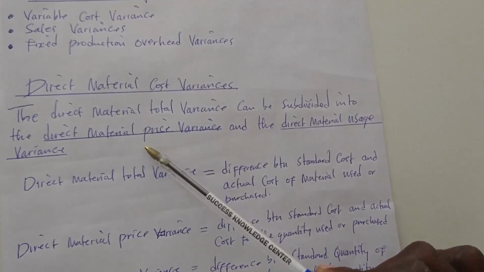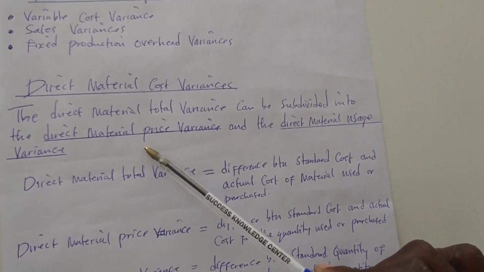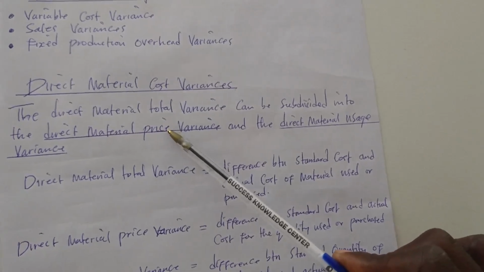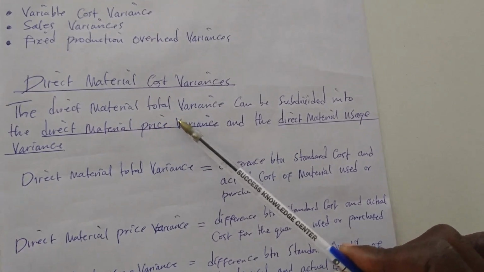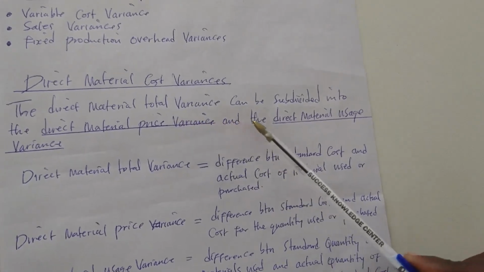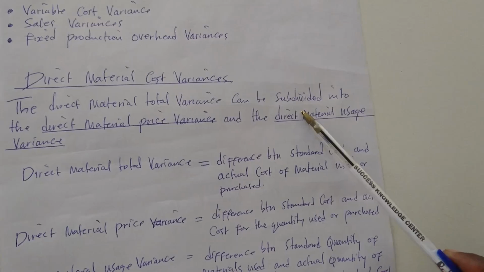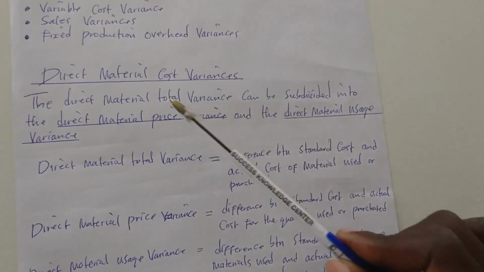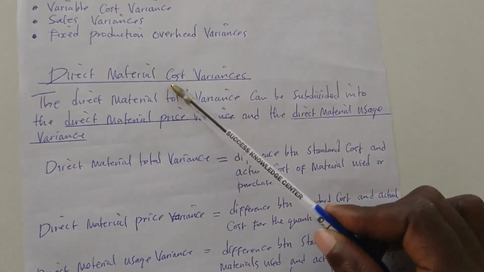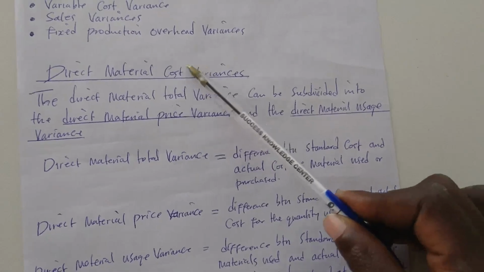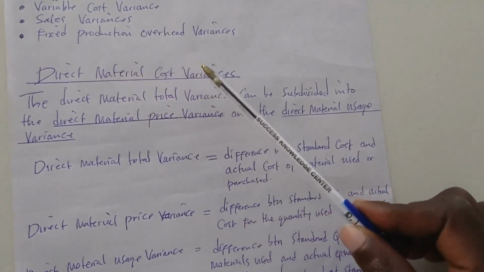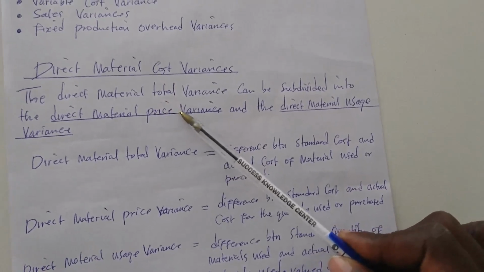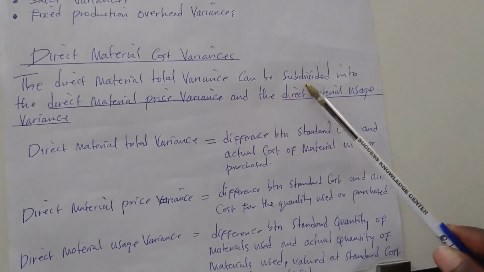When you manufacture a certain product, you'll find that there will be a difference in the price, how much has been spent on that product in terms of material, and in terms of material usage, how much material has been used. So there are those two differences which make up the direct material cost variances. This is the whole total thing which has two in it: the direct material price variance and the direct material usage variance.